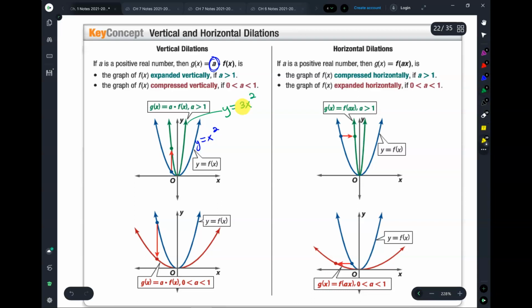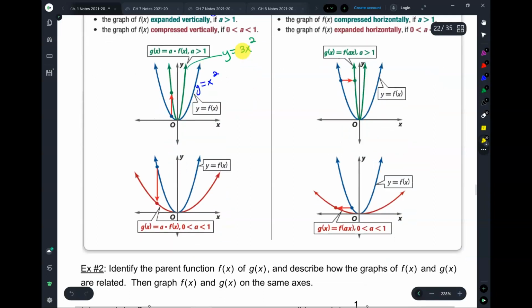And that number 3, because it's in front of the function, that's a vertical dilation. Now, here, do you see how the red one became wider? It becomes wider when the number in front is a fraction between 0 and 1. So 1/2 x squared, it becomes wider.